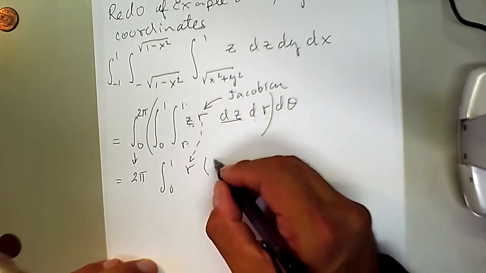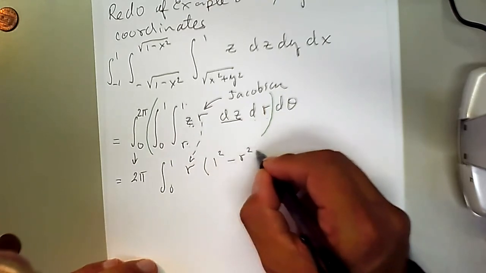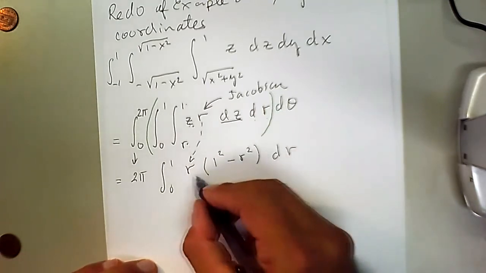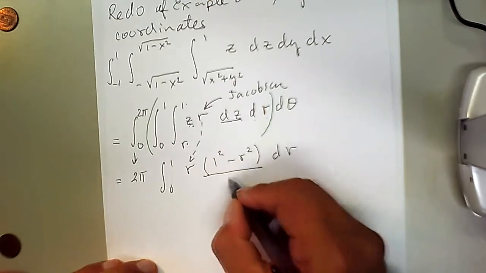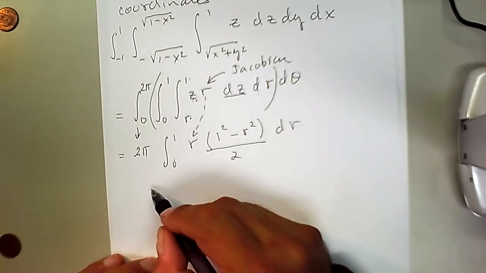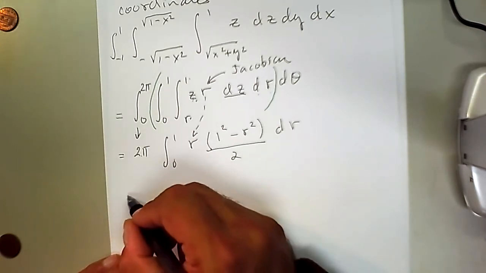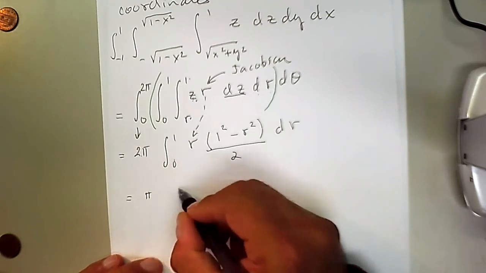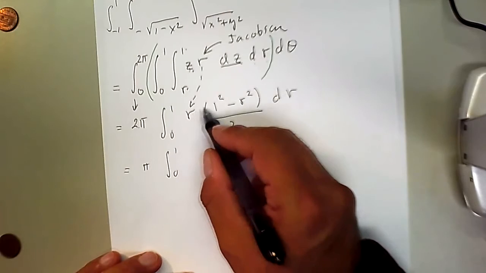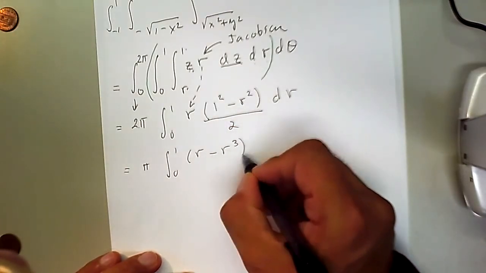So we're going to do 1 squared minus r squared dr. And of course, I'm missing over 2. Simplify the 2's. So we have pi, integral from 0 to 1 of, and distribute, r minus r cubed.